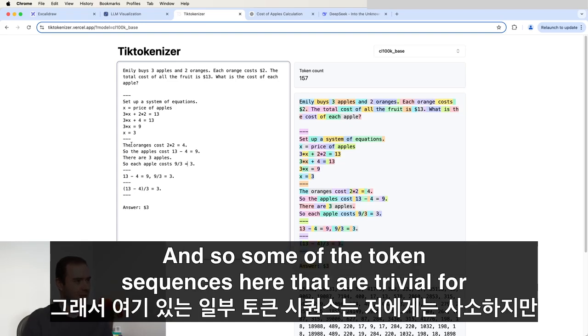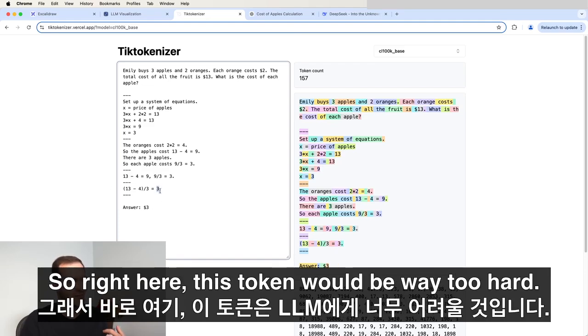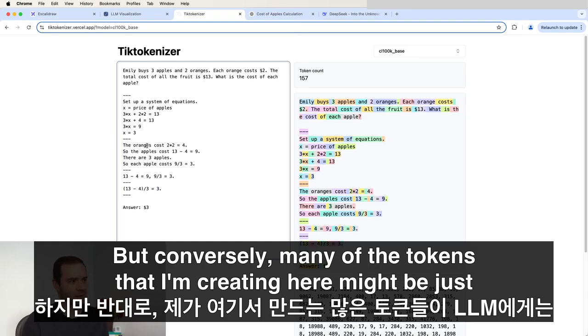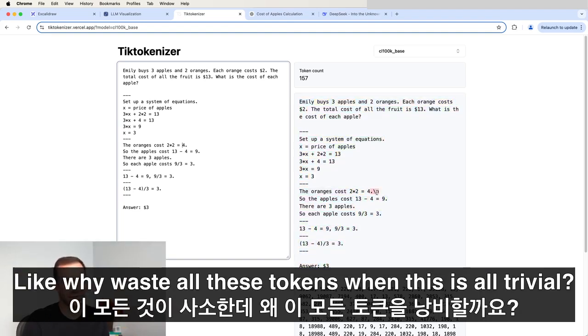And so some of the token sequences here that are trivial for me might be too much of a leap for the LLM. So right here, this token would be way too hard. But conversely, many of the tokens that I'm creating here might be just trivial to the LLM, and we're just wasting tokens. Why waste all these tokens when this is all trivial?